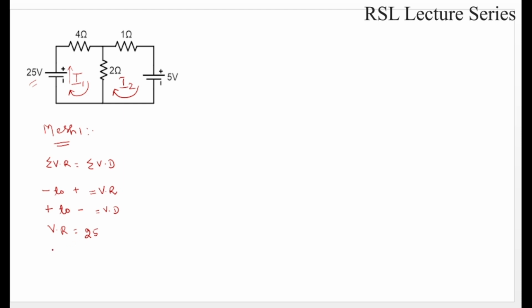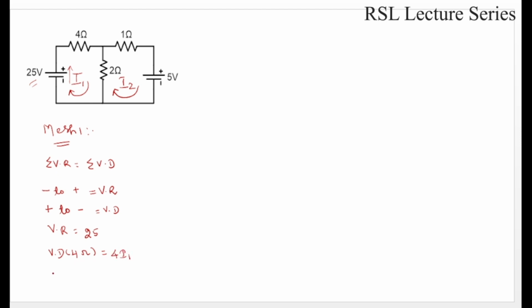Next we write the voltage drop across the 4 ohm resistor. The voltage drop is given by Ohm's law, V equals I into R. The current flowing through this resistor is I1, and the resistance value is 4, so the drop is 4 into I1.